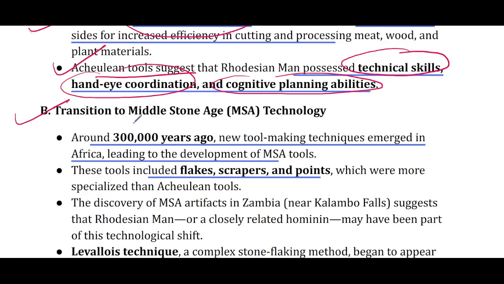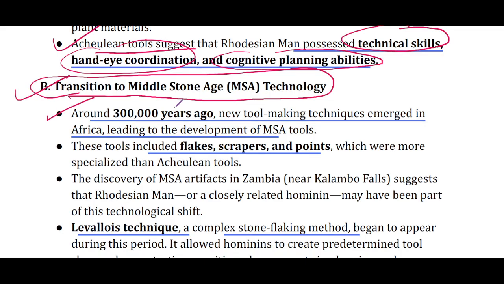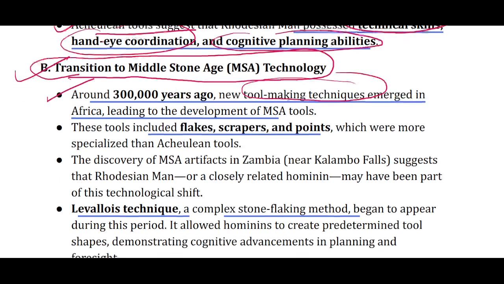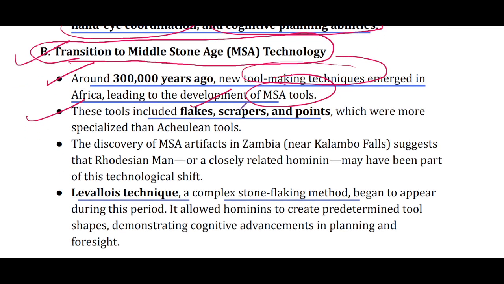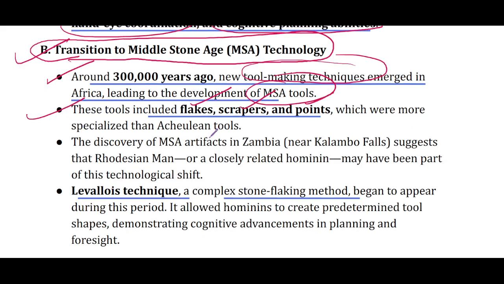Now, the second interpretation is that this Acheulean tool technology transitioned to Middle Stone Age technology. So, around 300,000 years ago, a new tool making technique emerged in Africa, which led to the development of MSA tools. And these tools include flakes, scrapers, and points.